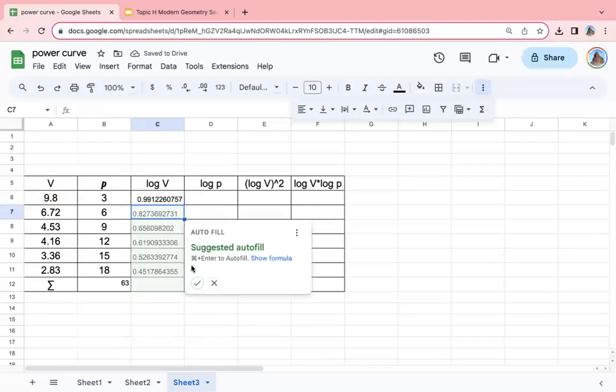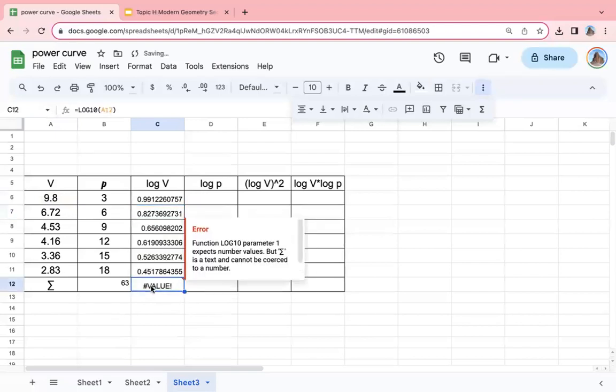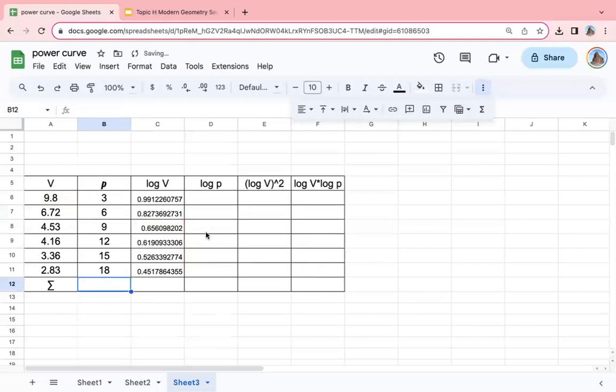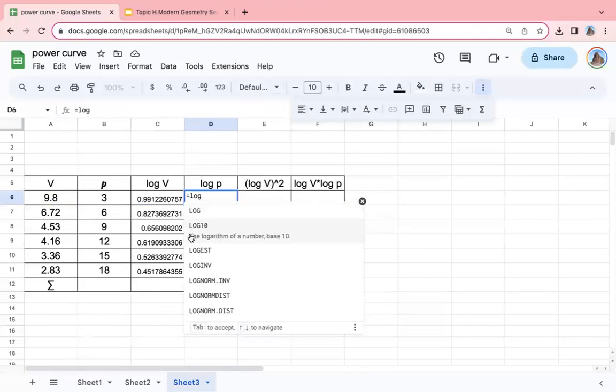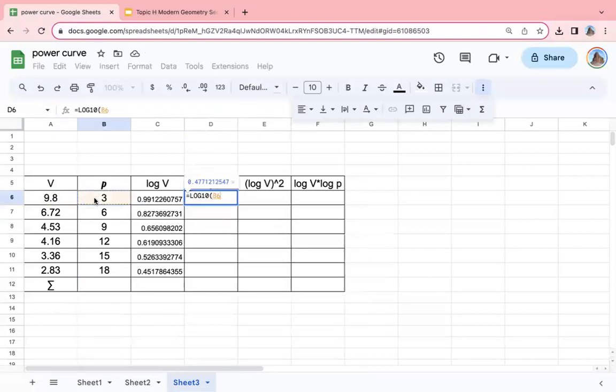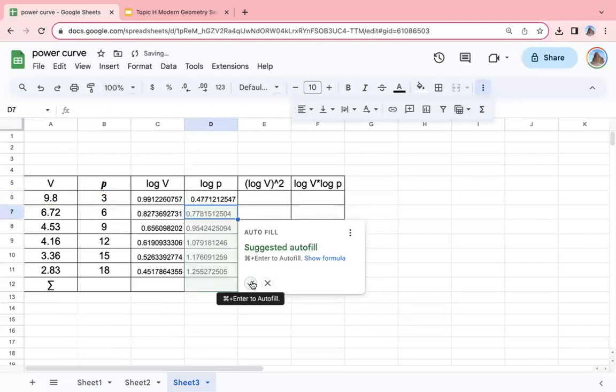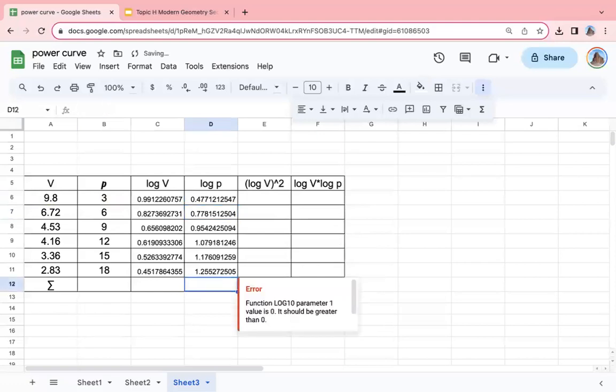There is a suggested autofill; just click on the check mark. Then for log of P, again equal sign, log of base 10, click on the column under P, and press enter.